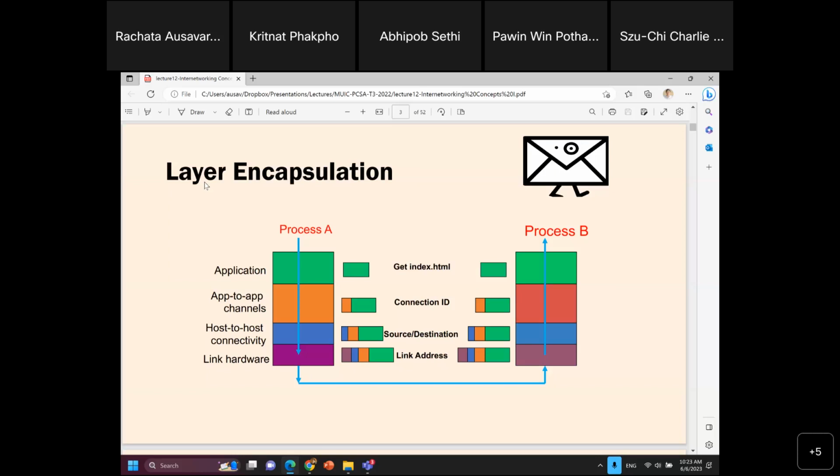Now, the app-to-app channel would have to give the connection ID to connect to the correct port, correct protocol, right? Then the host-to-host connectivity now has to determine where am I, the physical address, and where's the physical address of the host. Then the link hardware is just hardware that makes the actual connection, right?